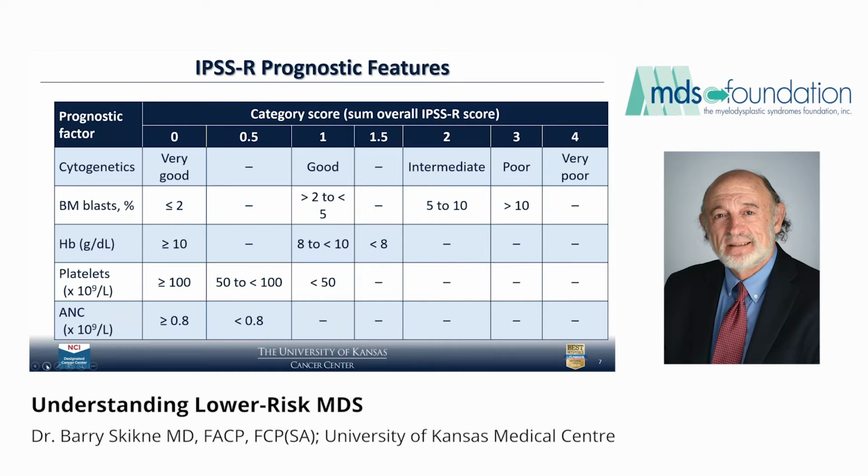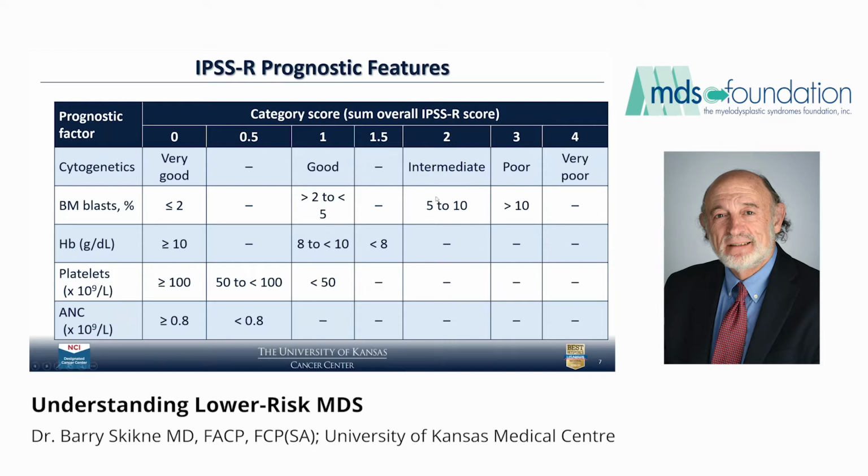So when one has a bone marrow, you'll have cytogenetics done, and they take about a week to 2 weeks to come back. They fall into really 5 different categories, from very good to very poor, depending on the specific abnormalities that are seen in the cytogenetics.